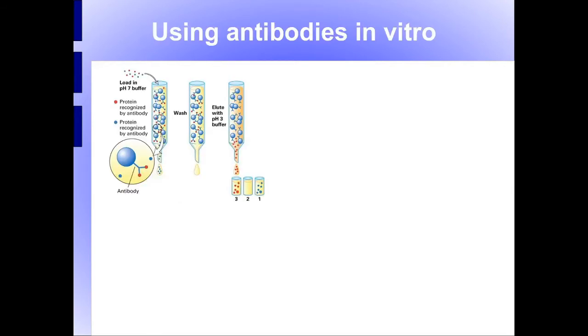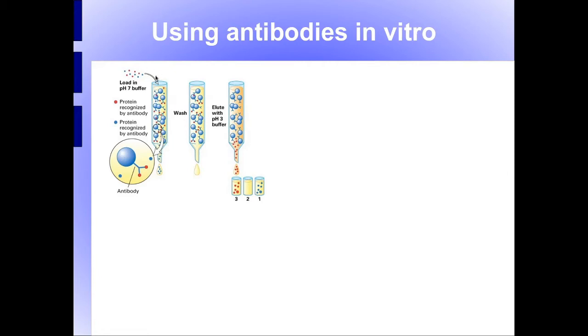So why are we interested in antibodies? What are they useful for? Well, they have all sorts of different types of applications. To start with, they can be used in vitro. We can use them in purification of, for example, proteins. Basically what we do is anchor an antibody onto beads in a column.